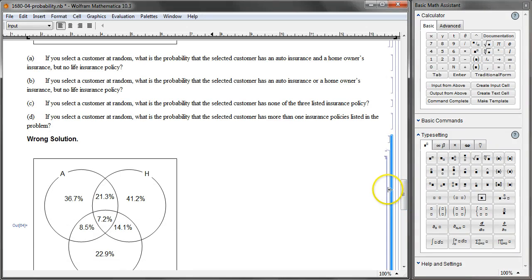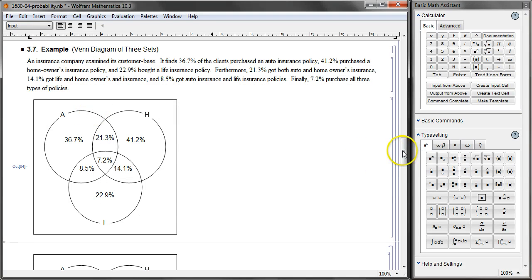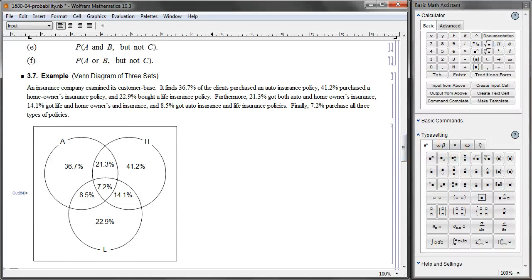This is wrong, by the way. So 36.7% of the clients purchased auto insurance, so 36.7% here. 41.2% purchased homeowners insurance, so 41.2% here. 22.9% bought life insurance, so that goes over here. 21.3% got both auto and home, so goes here, and so on and so forth.